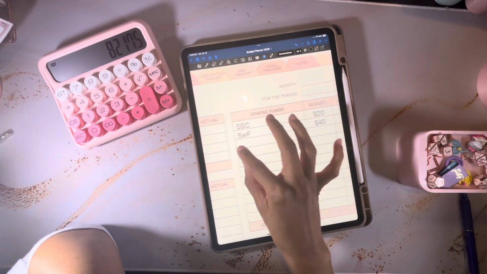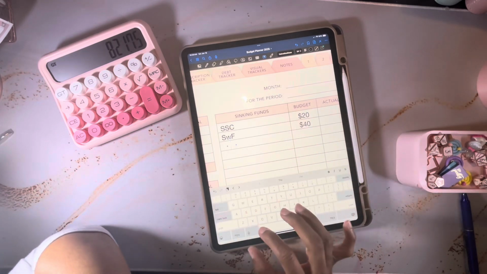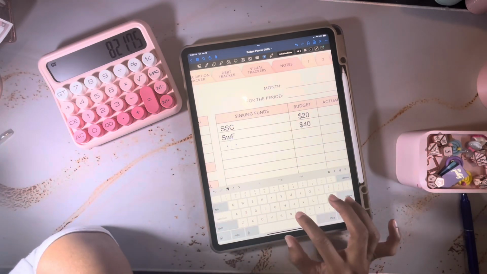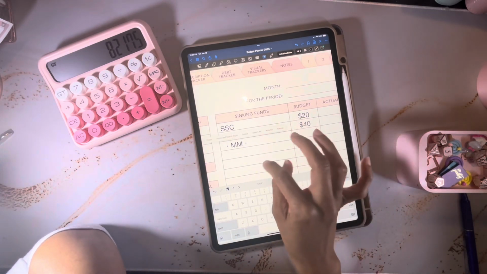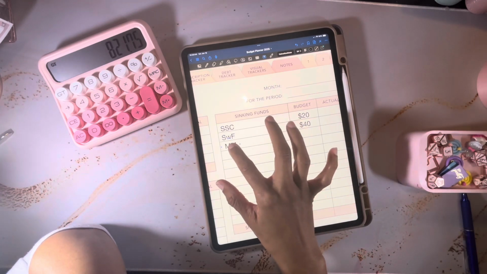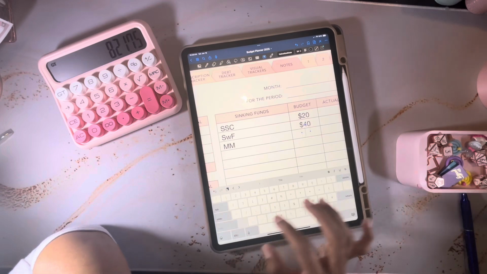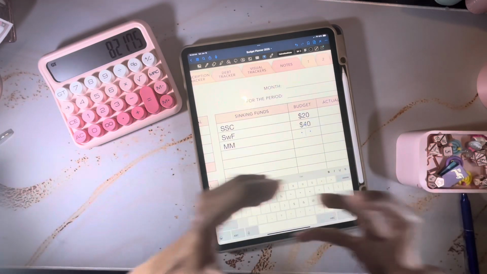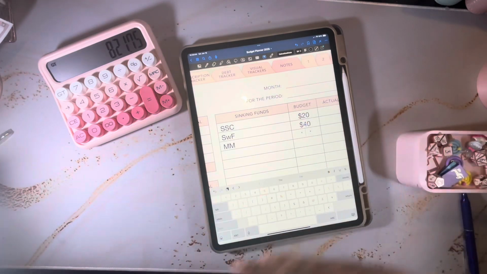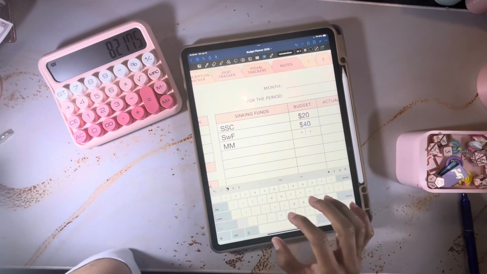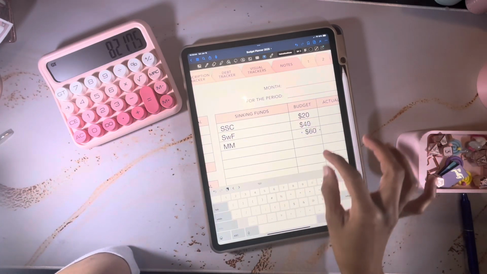Okay, so next in line will be Mini Monday. And this way I can plan it out and know what I need for this pay period. And I was grouping it all together, but this way it breaks it down a little bit better. So this one we do $60 each pay period.